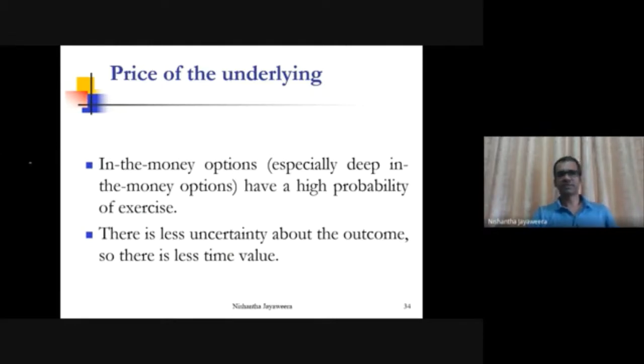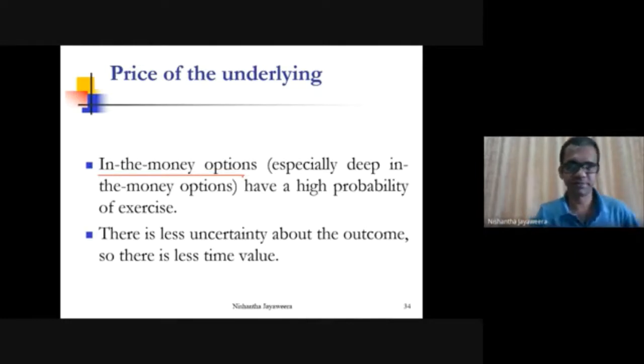So we discussed what is an in the money option. That means you have a positive intrinsic value, then we call it in the money. So when the option is in the money, there's a high chance that the option will be exercised. If the option is deep in the money, I explained what is deep in the money. That means spot price is far away from the strike, but in the money.